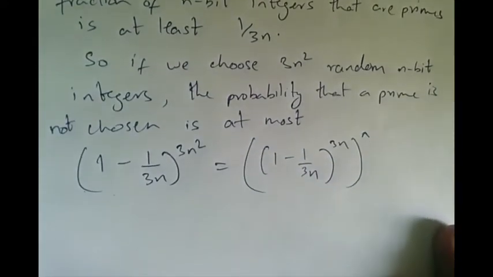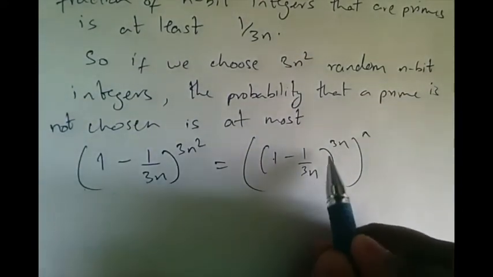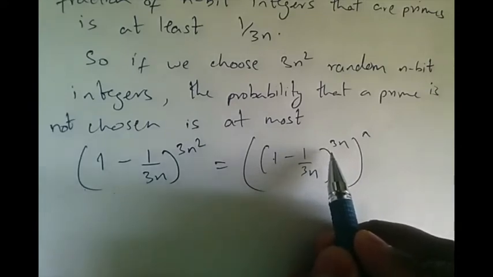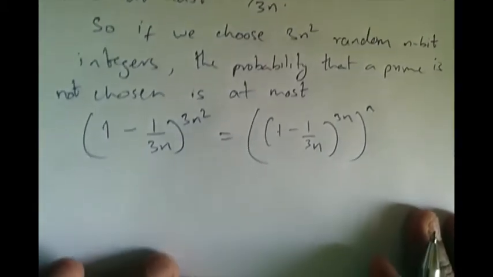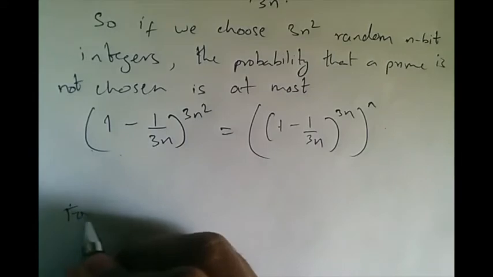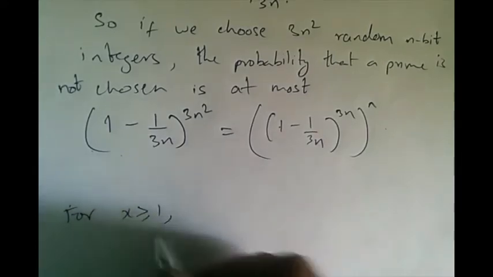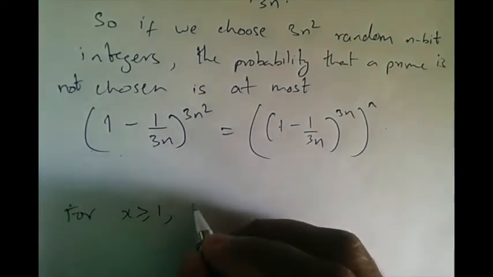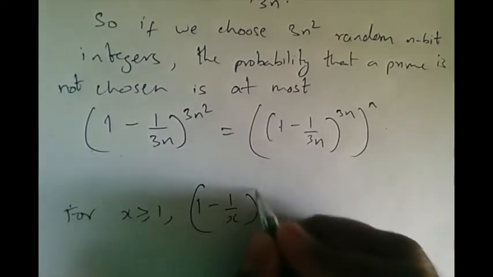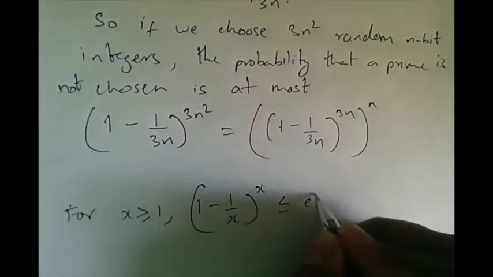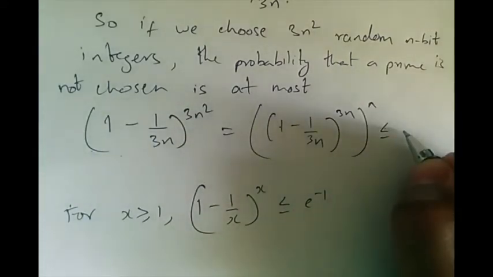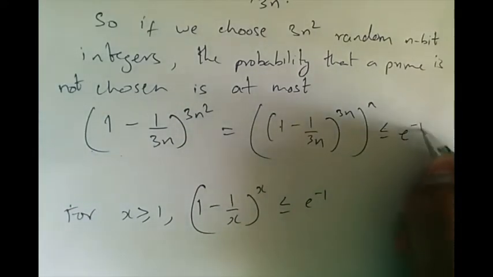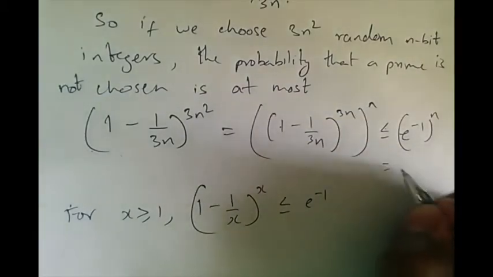There is an identity which says that (1 minus 1 by x) raised to x is less than or equal to e inverse for x greater than or equal to 1. So this is less than or equal to e inverse raised to n, which is e to the minus n.